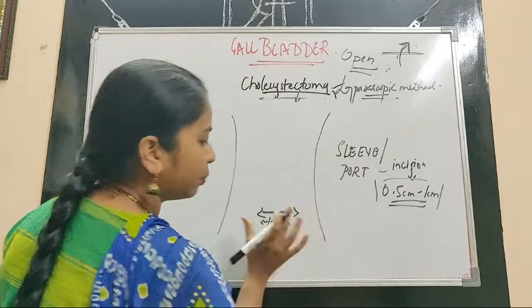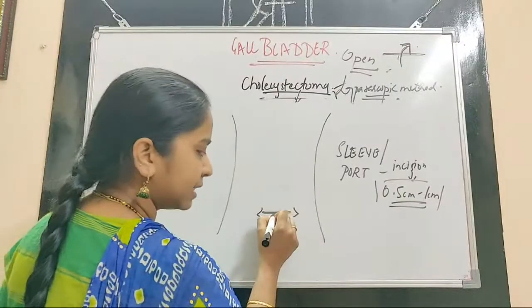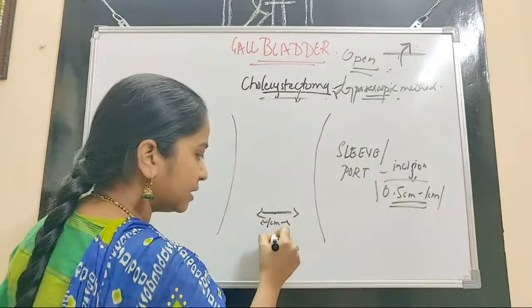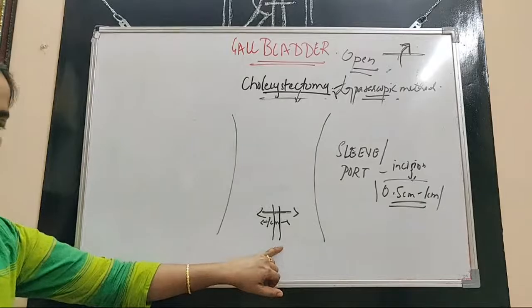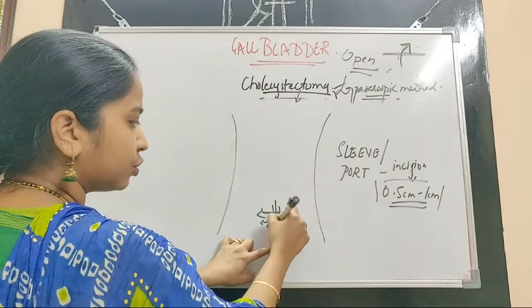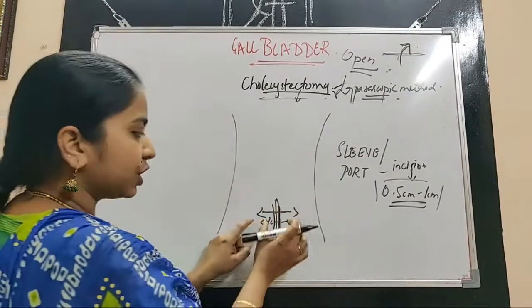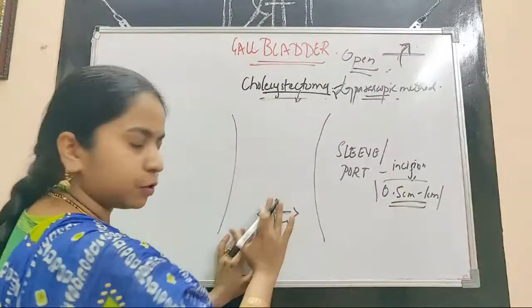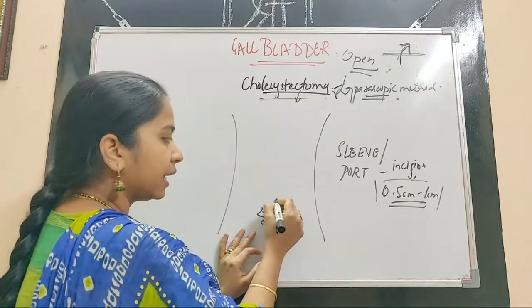This one main port will be there in all laparoscopic surgeries. Through this sleeve we will insert the trocar. A trocar is an instrument through which the laparoscopes or other instruments will be inserted into the body cavity. Usually in the main port, we always put the camera scope.